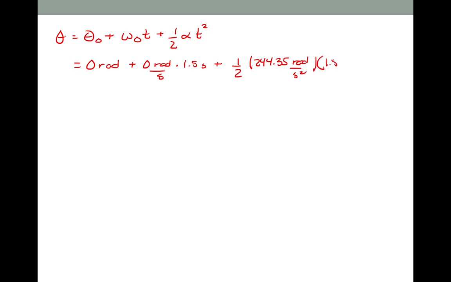I need to multiply that by 1.5 seconds squared. This tells me that I move through an angle of 274.89 radians. But the question asked how many revolutions. So I need to do a unit conversion that 2 pi radians is 1 revolution. And that works out to be 43.75 revolutions.